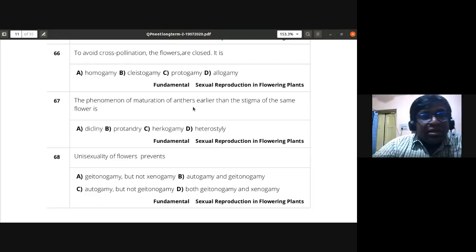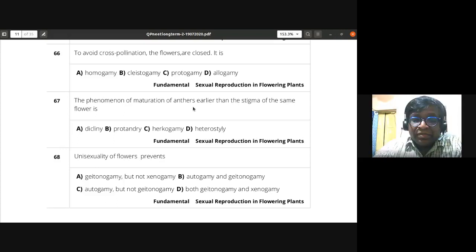68th, unisexuality of flowers prevents geitonogamy but not xenogamy, autogamy and geitonogamy, autogamy but not geitonogamy, or both geitonogamy and xenogamy. So unisexuality of flowers prevents what?